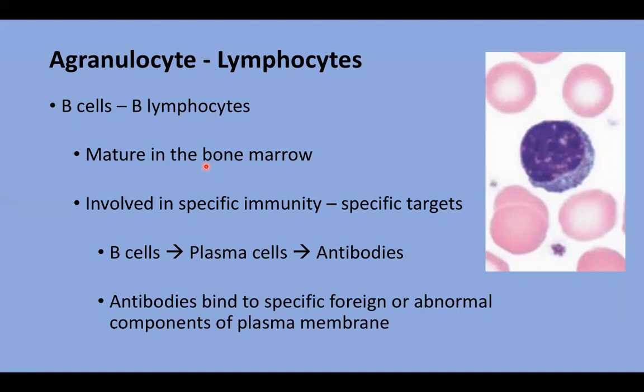And the way the antibodies work is that when they come in contact with this specific foreign or abnormal component that is on the plasma membrane of an invading cell, it will bind to it and kind of put a tag on it, or kind of put like a hit out on it.